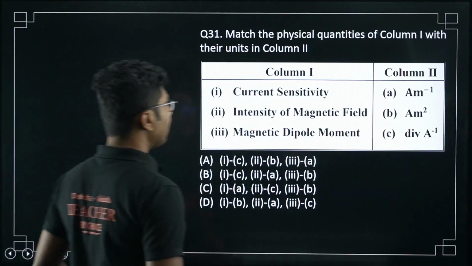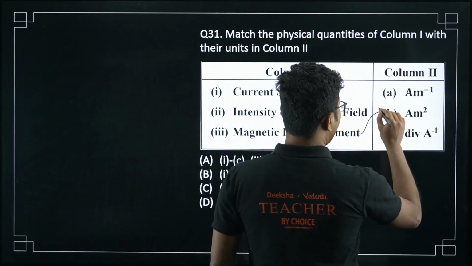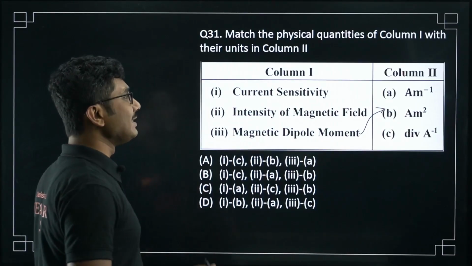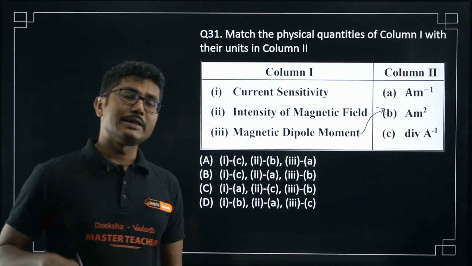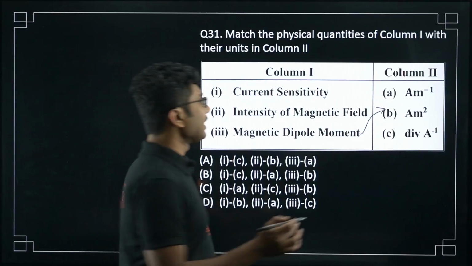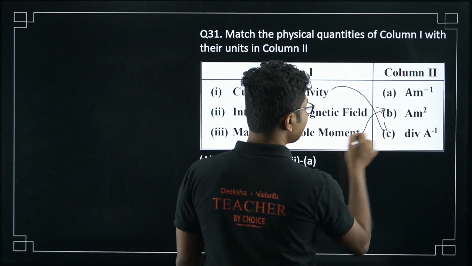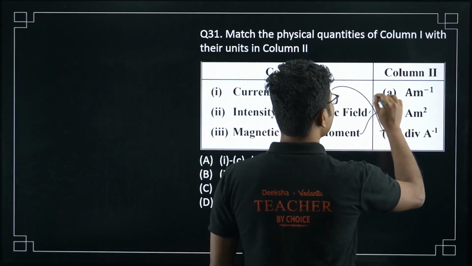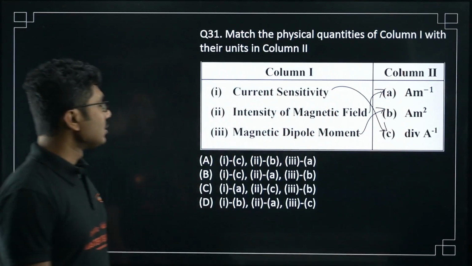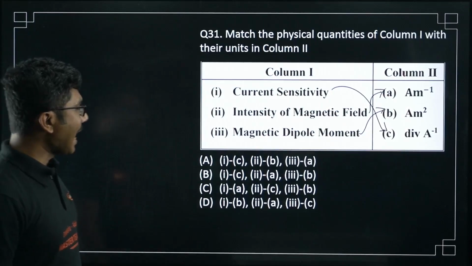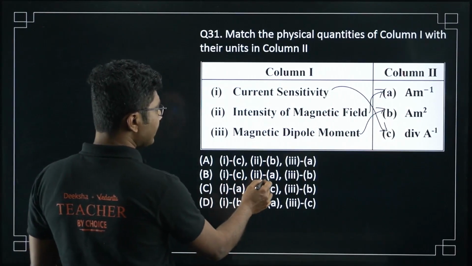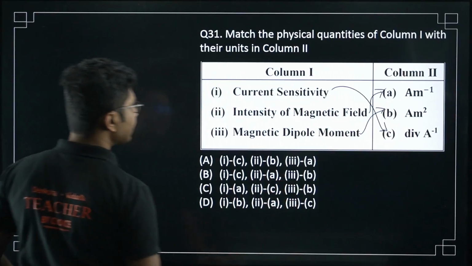So this one we will know, and we also know that the current sensitivity is division per ampere, voltage sensitivity is division per volt, so current sensitivity definitely matches with C. If you find two matches, obviously the third match is obvious, so it will match with A. So 1 is C, 2 is A, 3 is B. So this is the correct match.